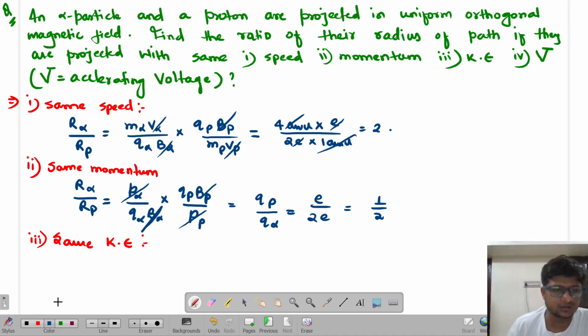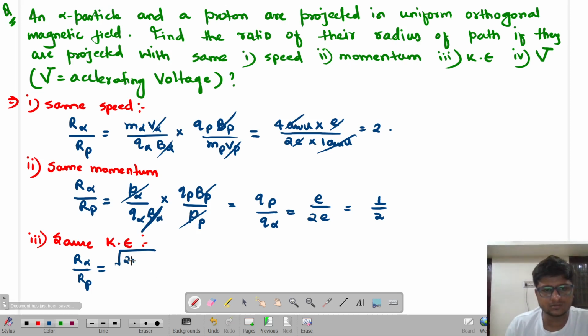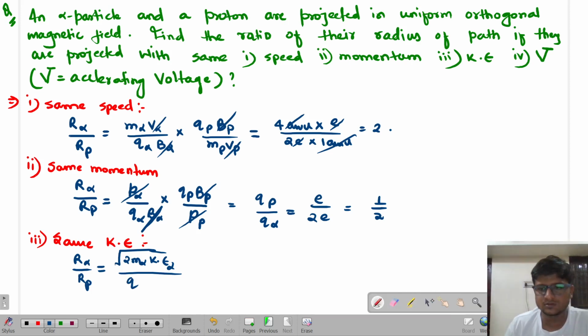Okay. Let us say R of alpha by R of proton. Momentum is root over twice M kinetic energy. Of alpha particle, and kinetic energy of alpha particle divided by charge of alpha particle, magnetic field of alpha particle, into charge of proton, magnetic field of proton divided by root under 2 mass of proton, kinetic energy of proton.